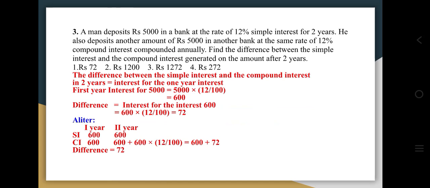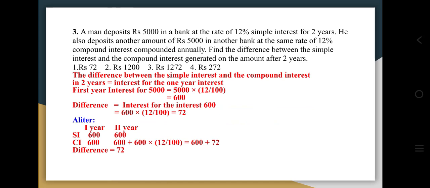Find the difference between simple interest and compound interest generated on the amount after 2 years. So the amount invested on simple interest and the compound interest are same, rupees 5,000. The interest rate is also same, 12%. We have to find out the difference between simple interest and compound interest after 2 years.